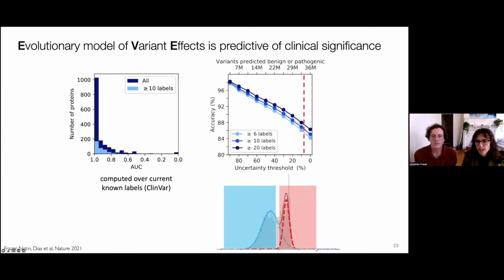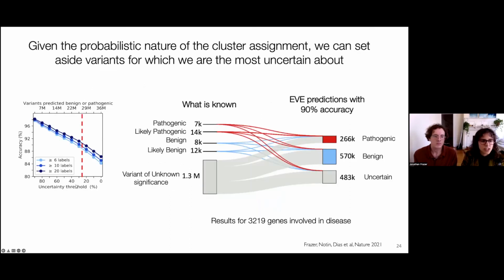But if we take the most uncertain assignments as uncertain, what we get is that we can increase our accuracy. In particular, if we set the 25% most uncertain assignments as uncertain and just give assignments to the remaining 75% of variants, we have assignments to 27 million variants and an accuracy of 90%.